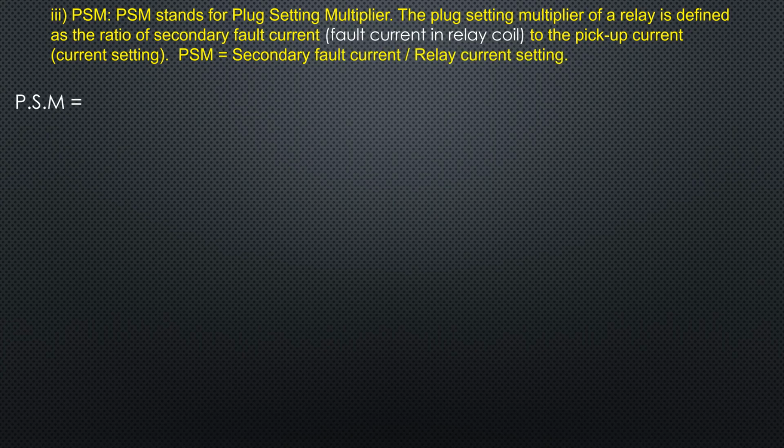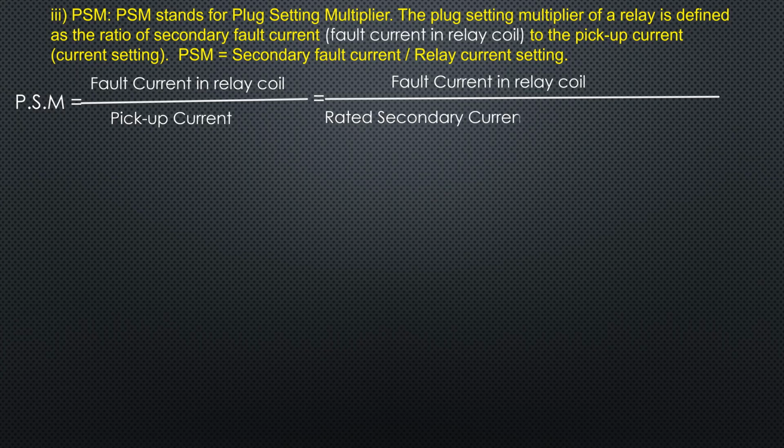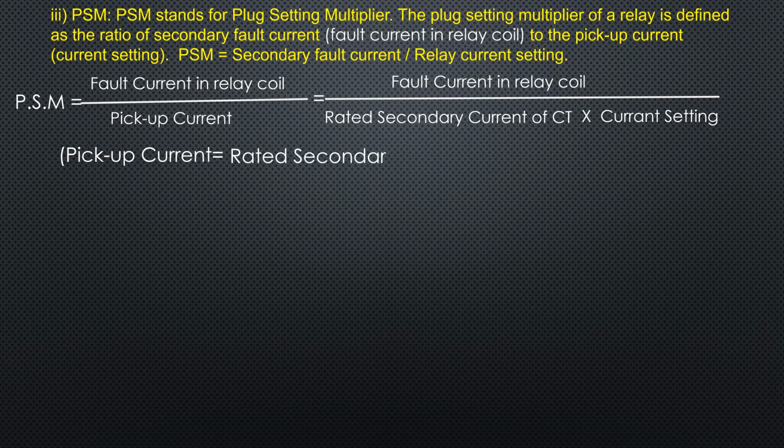Now, PSM is equal to fault current in relay coil divided by pickup current is equal to fault current in relay coil divided by rated secondary current of CT into current setting. Pickup current is equal to rated secondary current of CT and current setting.